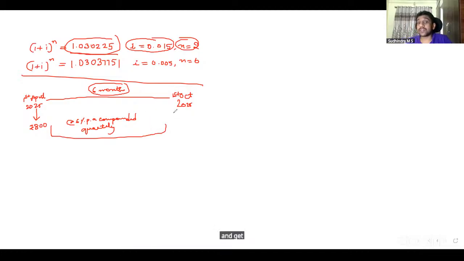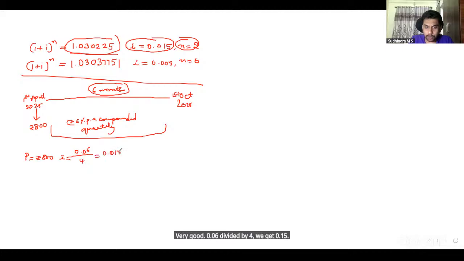So, can I apply the formula of compound interest and get the amount that he gets when he closes that deposit? P is 800. What is I? 6 by 4. 0.06 divided by 4, we get 0.015.